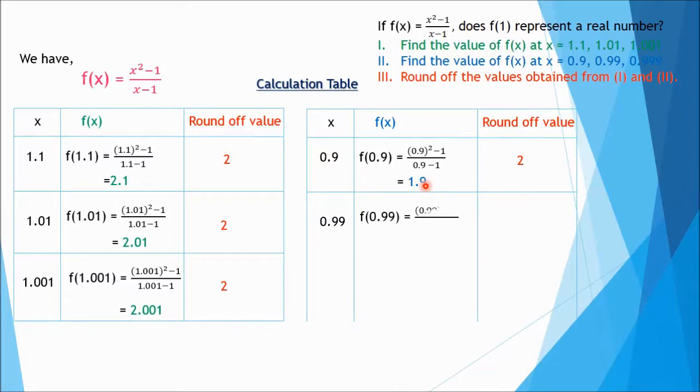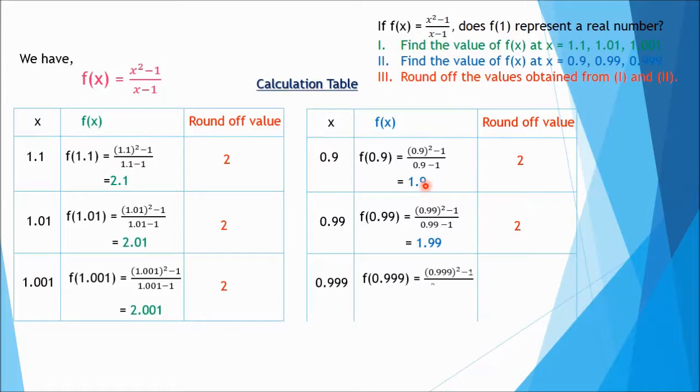Again 0.99, f(0.99) will be 0.99 square minus 1 upon 0.99 minus 1, and now this will be 1.99, and if we round it off, its value will be 2.